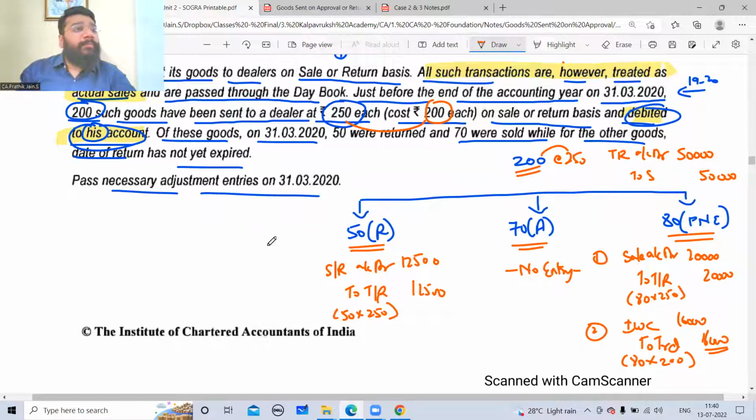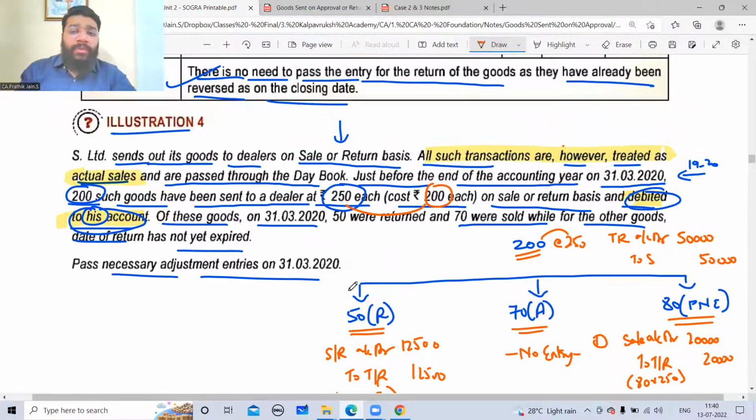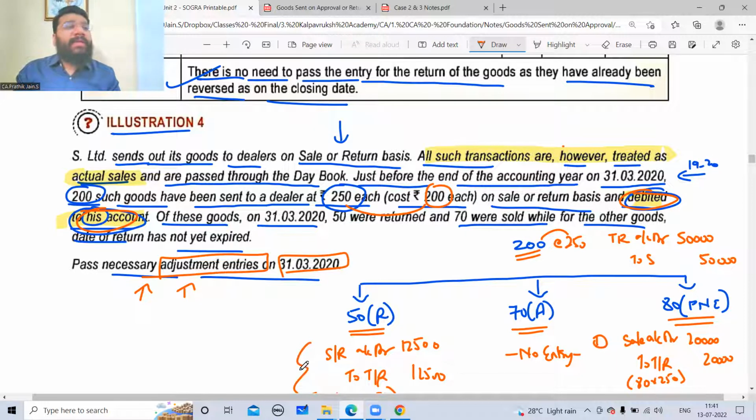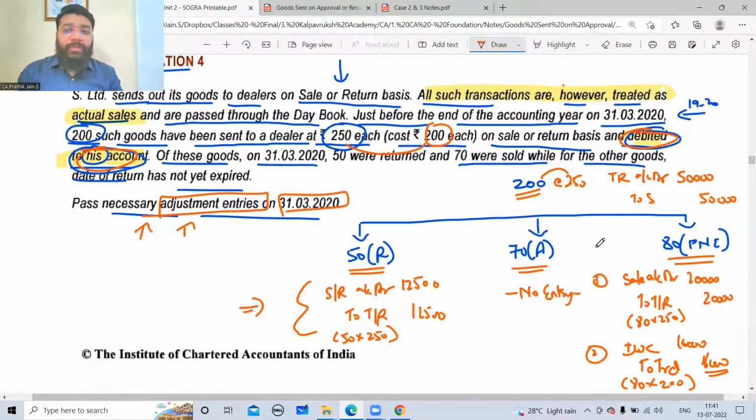Sale entry for what? Not required, because the question has told that the goods which have been sent are already debited to his account, which means the sale entry is already passed. They ask for the necessary adjustment entry on 31.3, so all these are the entries as on 31.3. Sale is before, so this entry is not required.